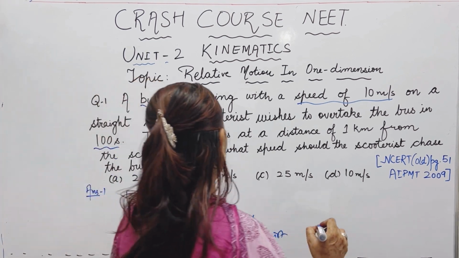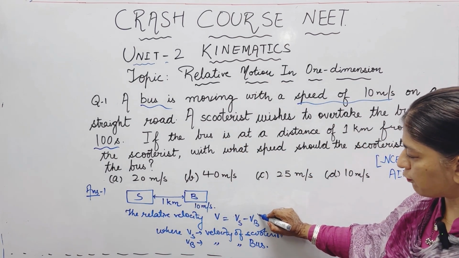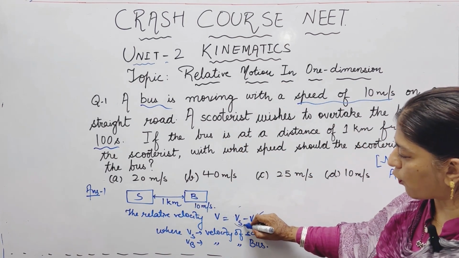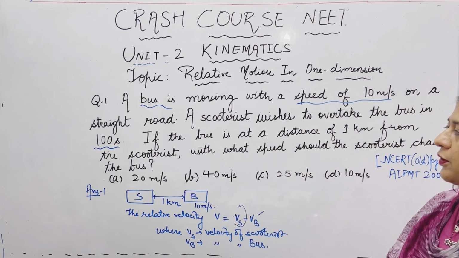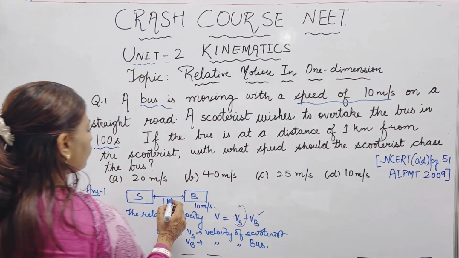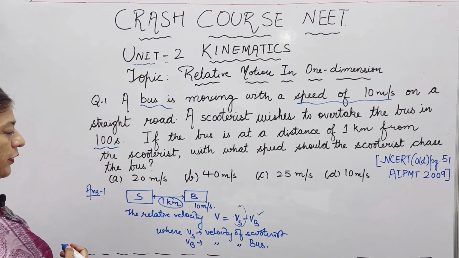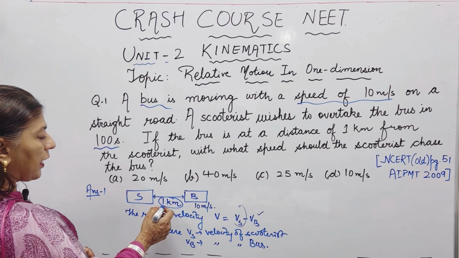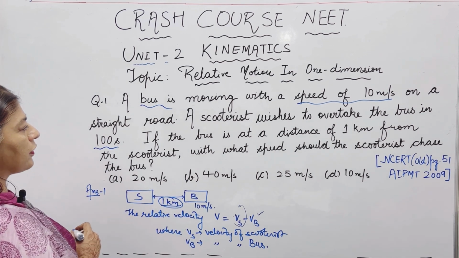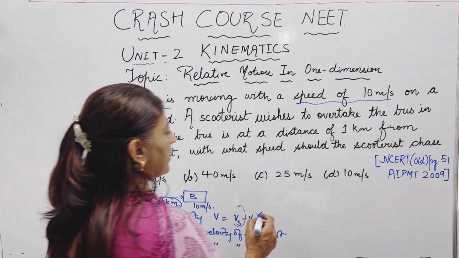From here we know the velocity of the bus. Vs is what we want to find out. And what about the relative velocity? Since the distance between the two of them is 1 kilometer, the relative distance is 1 kilometer, and the time to complete this 1 kilometer is 100 seconds. So we can get the relative velocity.